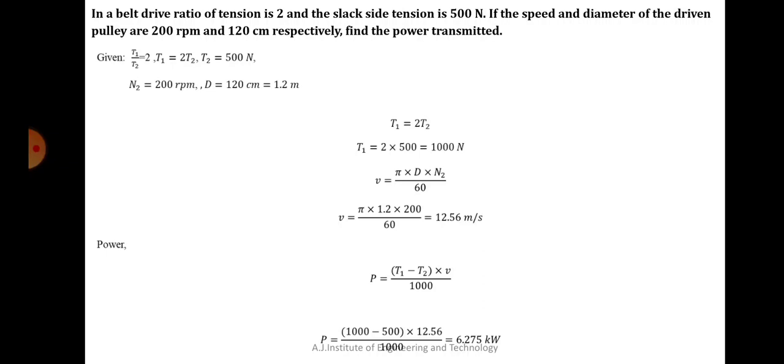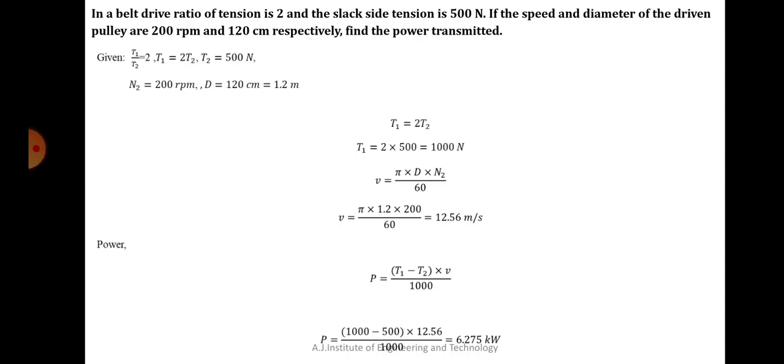You need to remember this formula, students. This was not told earlier, but if the question asks to find the power of the belt, then the formula is P equals (T1 minus T2) into V divided by 1000 kilowatts.